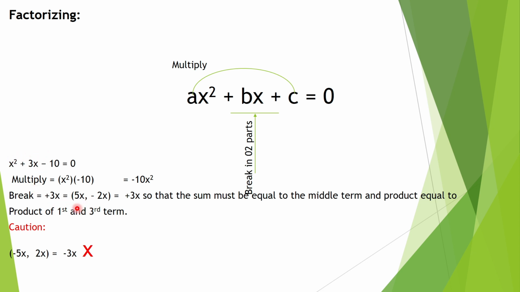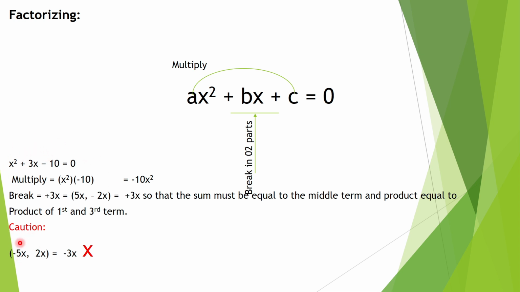So check over here, both the conditions are true, so it means we are going right. I have also written over here: break plus 3x as 5x minus 2x, so that the sum must be equal to the middle term and the product equal to the product of the first and third term.